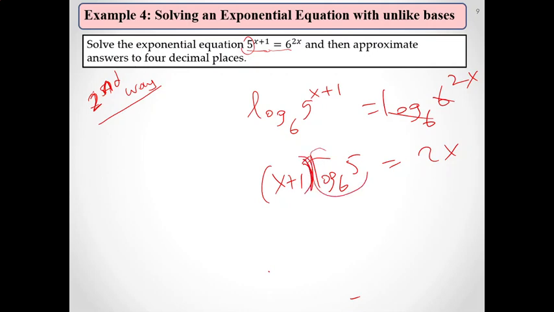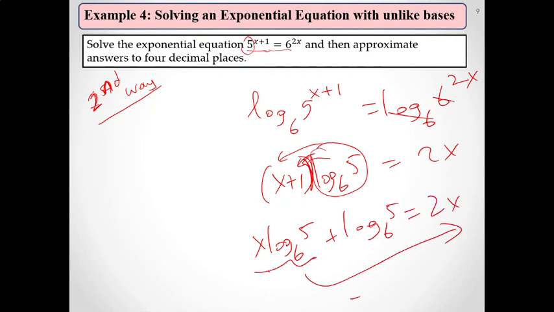You multiply with this number here above. Then you know what to do. Send this one to the other side, and you will end up with this.